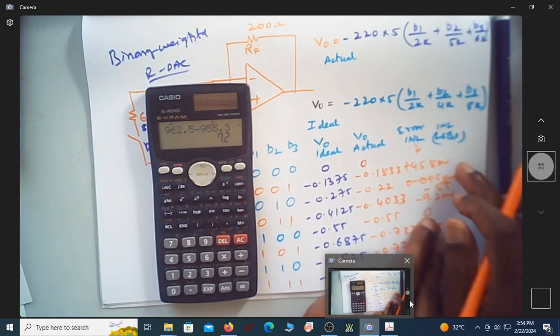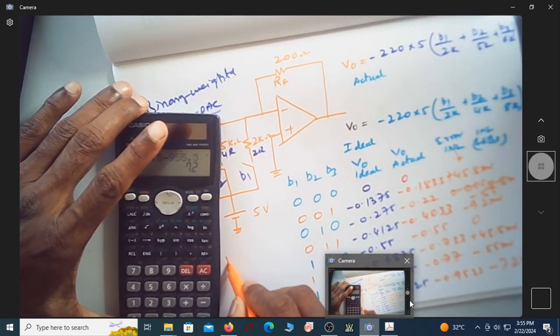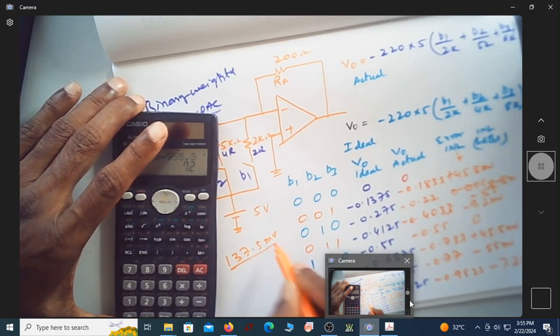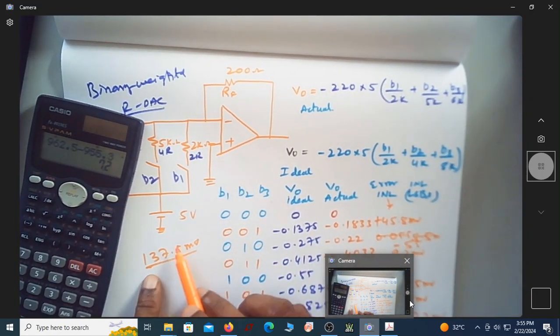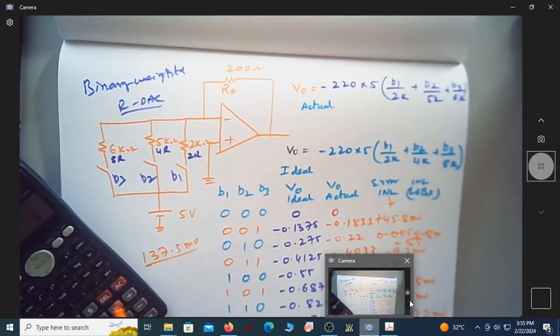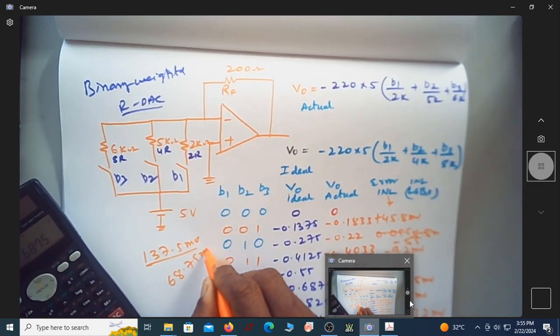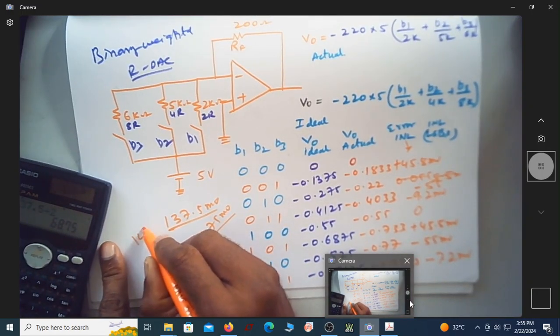If you want to write it in terms of LSBs, what is 1 LSB? 1 LSB is actually 137.5 millivolt. If you can see this magnitude, this is 1 LSB. Half LSB happens to be 137.5 divided by 2, which is 68.75 millivolt. This is half LSB, this is 1 LSB.